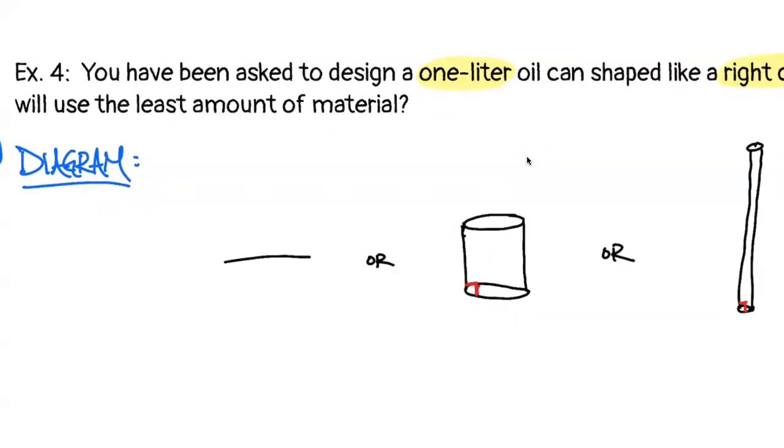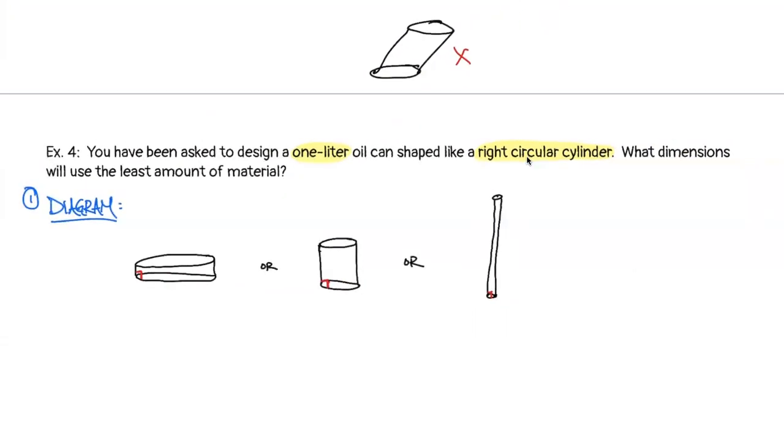So maybe something like this. That's a terrible diagram. Let's try this again. So maybe something like this. Okay. And that side would meet the bottom at a right angle.